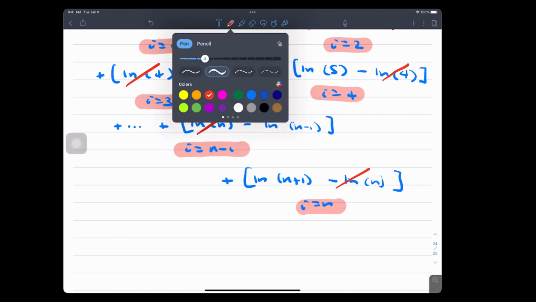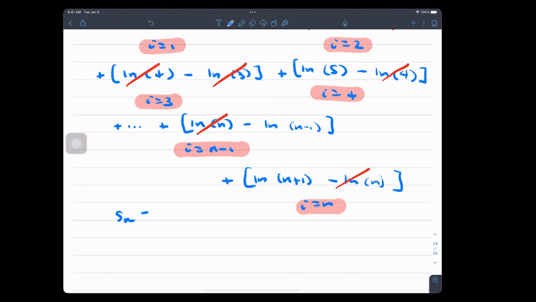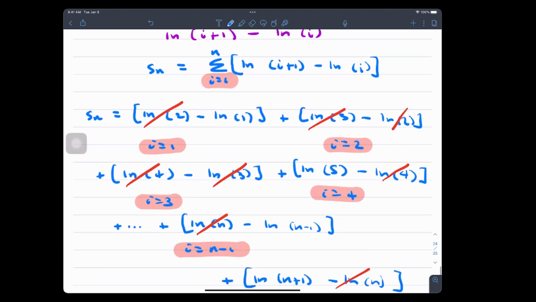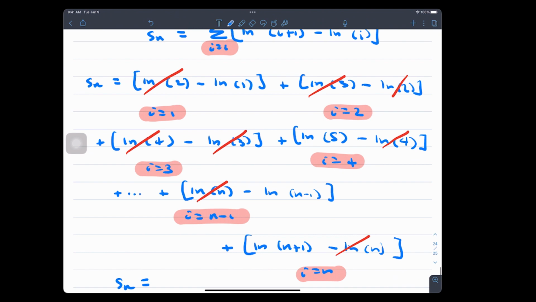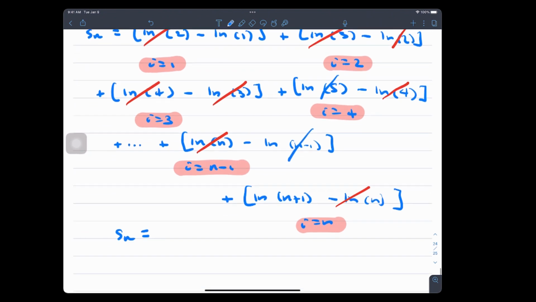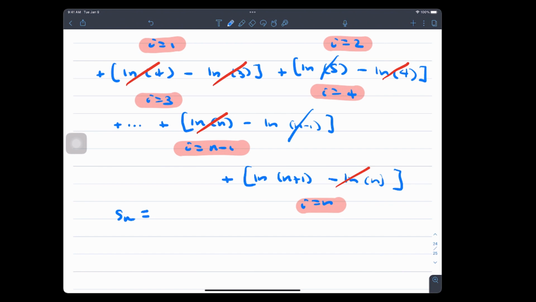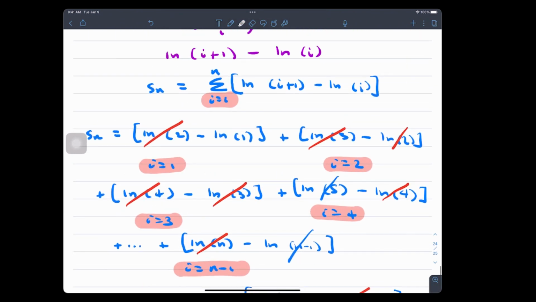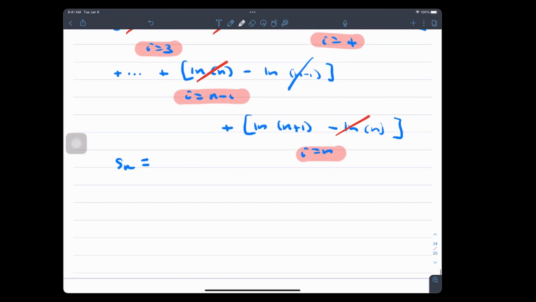And so the sequence of partial sums now, if you look at what's going on in terms of two terms here, everything in the middle is gone. If you look at i as n minus 2, what you have left, ladies and gentlemen, is this first term to begin with, and then you're finally left with this last term.